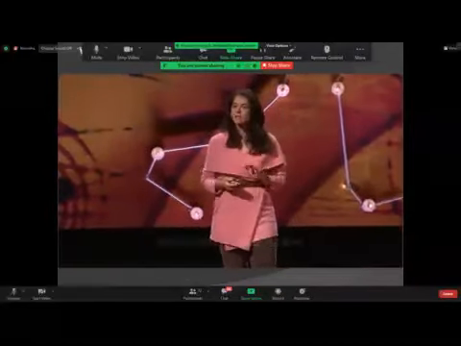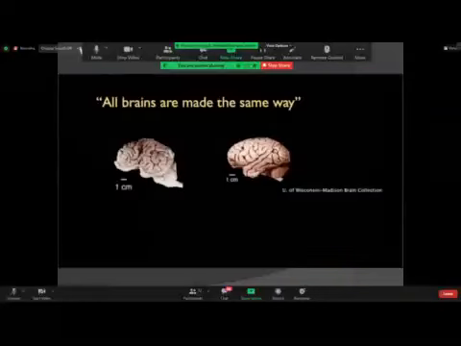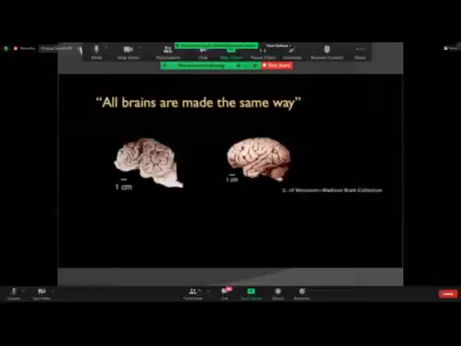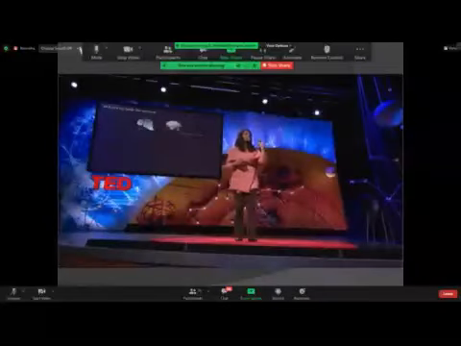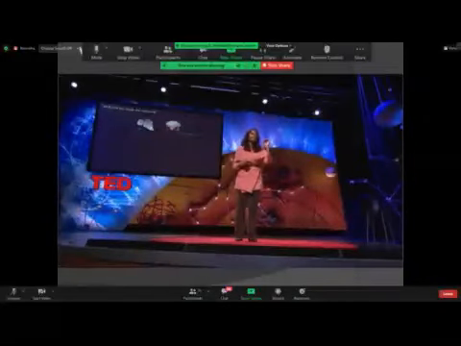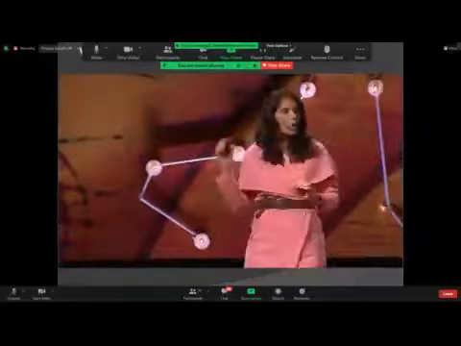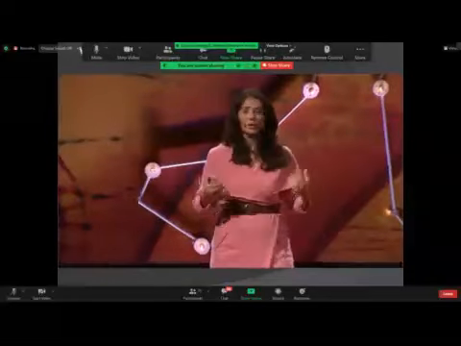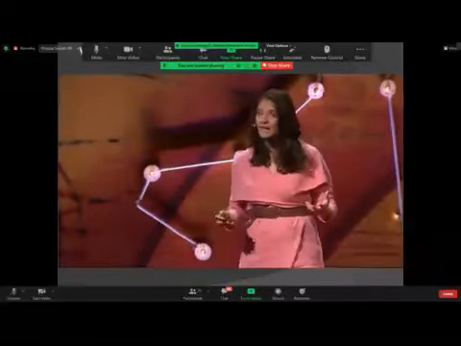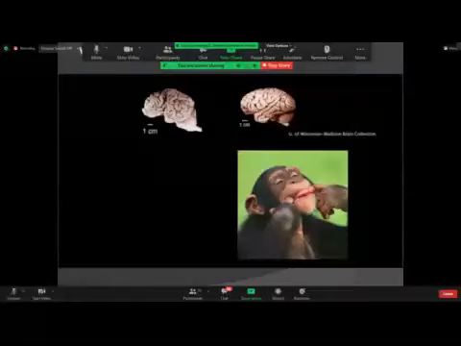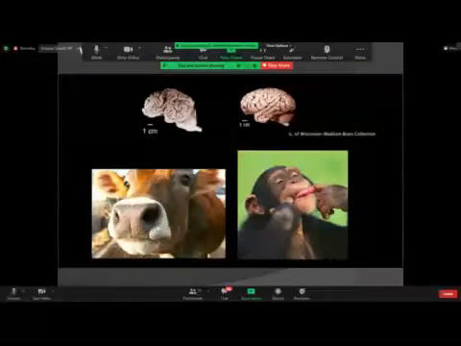This means that two brains of the same size, like these two of a respectable 400 grams, should have similar numbers of neurons. Now, if neurons are the functional information processing units of the brain, then the owners of these two brains should have similar cognitive abilities. And yet one is a chimp and the other is a cow.